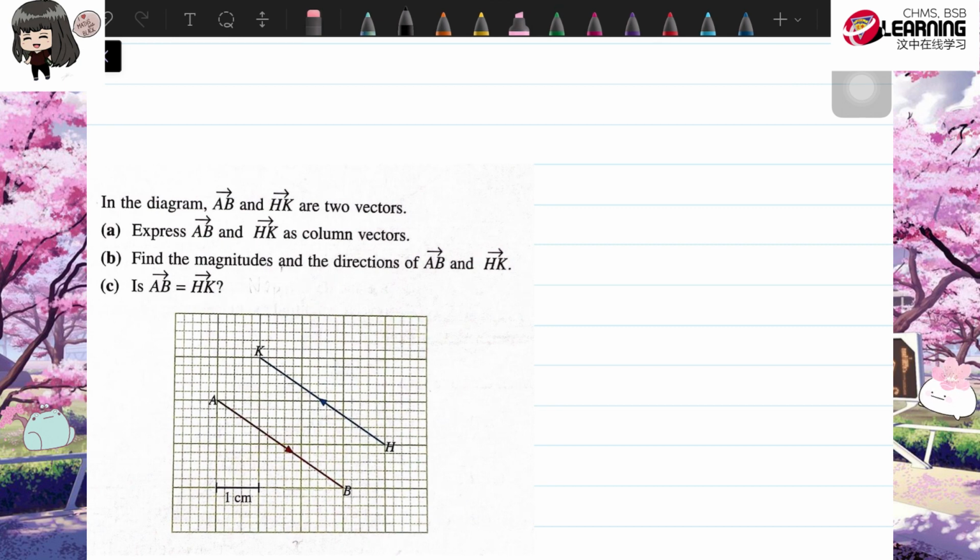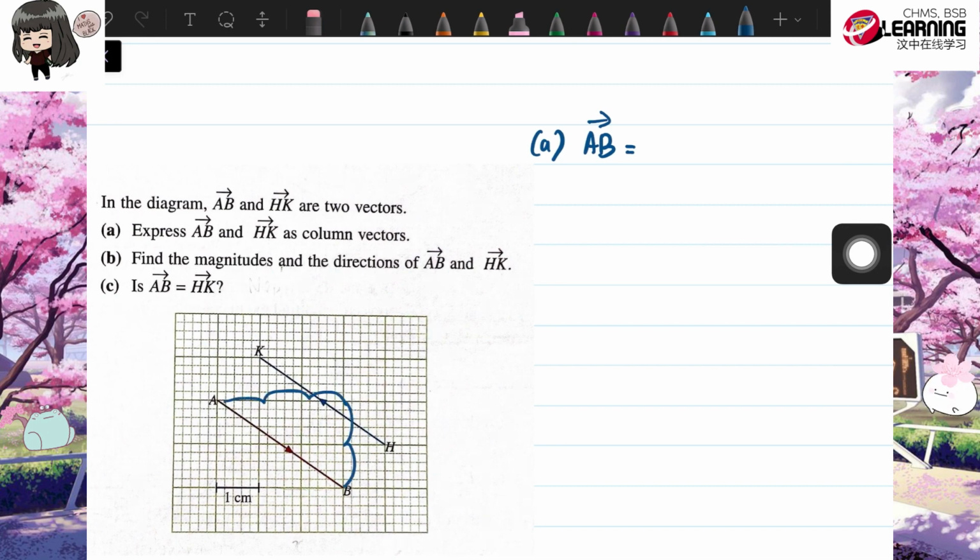This one I think you guys know. So AB, A to B is going to the right 3 steps and going down 2. So it's 3 and negative 2. This is the answer for part A for AB.